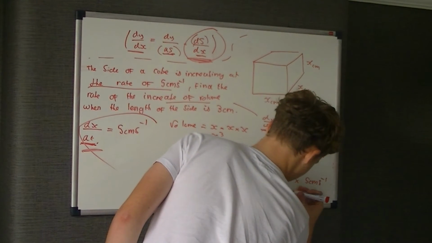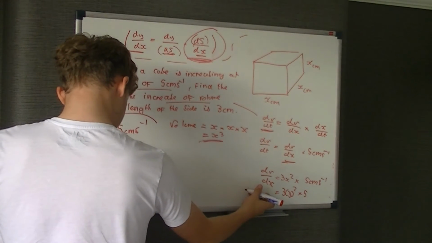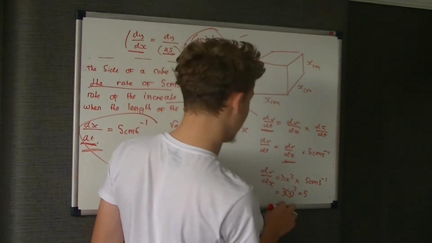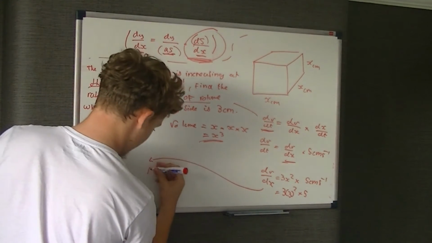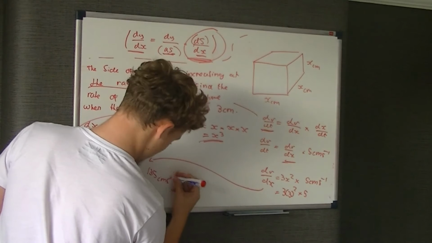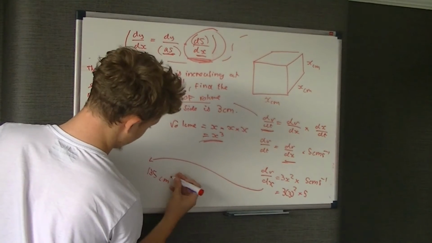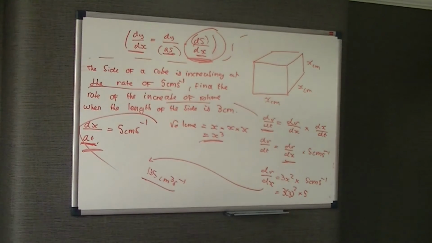So 3 times 3 squared times 5, that's 3 times 9 times 5, almost got that wrong then, which is 135 centimetres cubed per second, which is the rate of the increase of volume. Because we're talking about volume, we're in centimetres cubed, not squared. That's where I made a bit of an error.